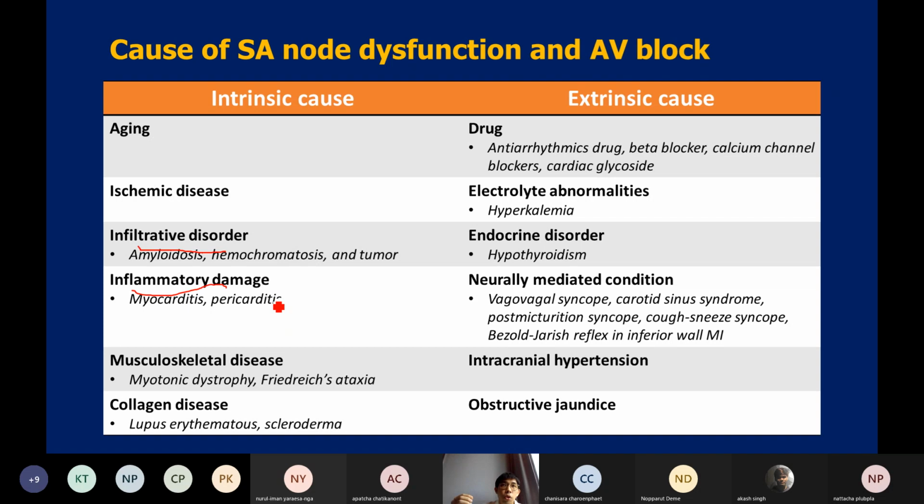You have to do the cardiac biopsy to obtain the myocardial cells, and you send it to the pathologist to see what's wrong with the tissue, what the pathology of the tissue is, and after that you can have the diagnosis from the tissue. We do it because sometimes non-invasive tests cannot tell what exactly is wrong with the patient, so we have to take a tissue sample out to look at it.